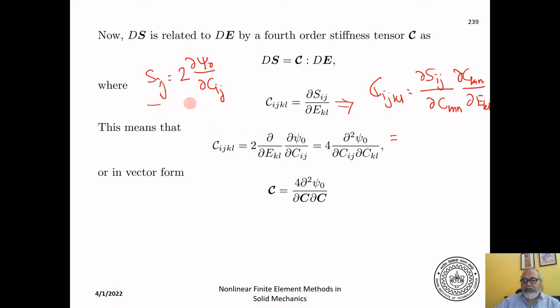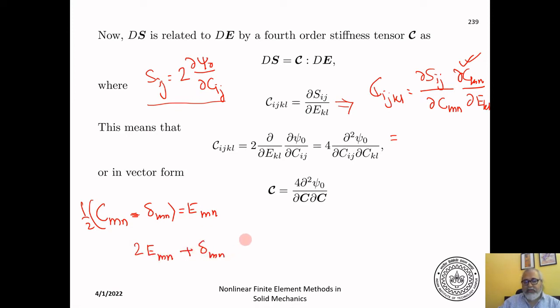So this we have also derived from thermodynamics, plug that in here, and also this one: Emn is half of Cmn minus delta mn. So 2 Emn plus delta mn is equal to Cmn.